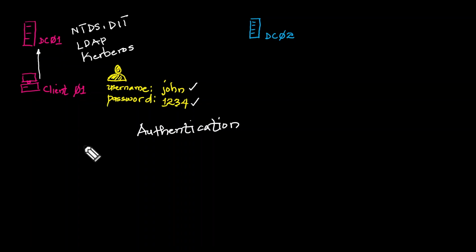And then for systems that don't support Kerberos, we have another protocol called NTLM. That protocol is used for applications that don't support Kerberos authentication. They will use NTLM for authentication. So those are a few terms I want you to start getting used to.